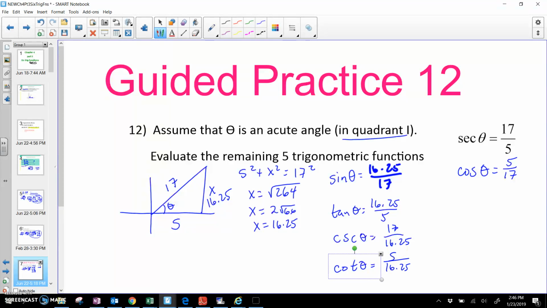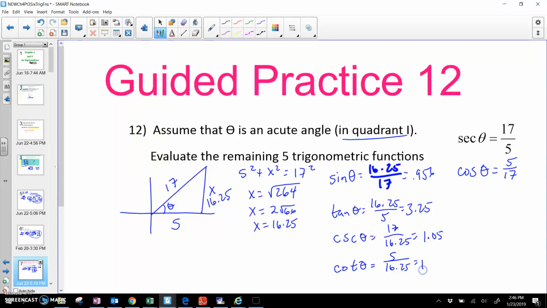In these cases, it would probably be best, since I left them like this, to type them in as a decimal. When I type these in, I got 0.956. For tangent, I got 3.25. Cosecant, I got 1.05.